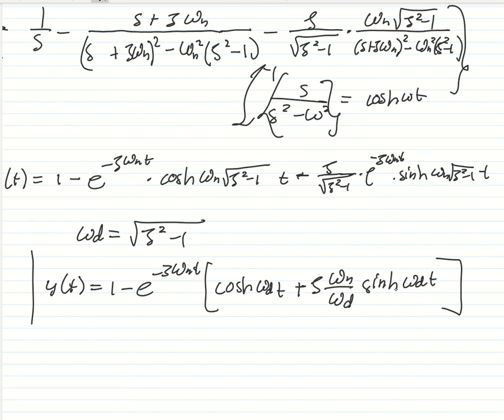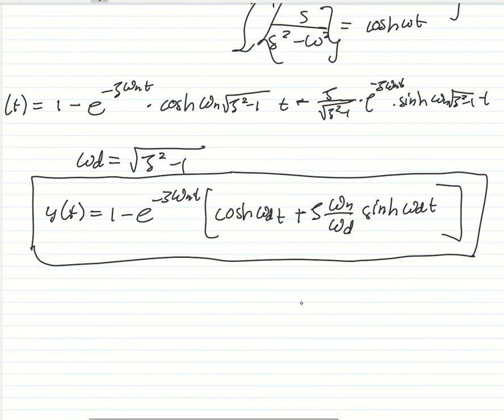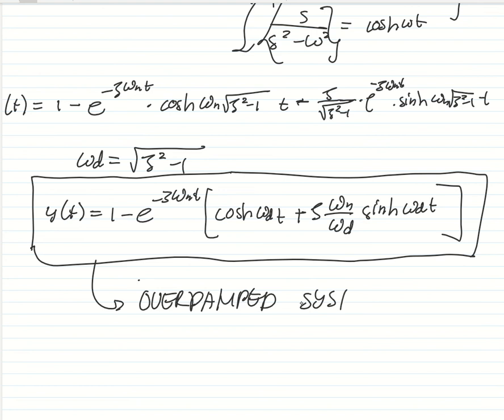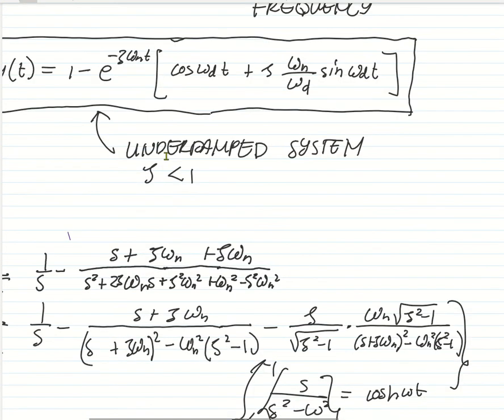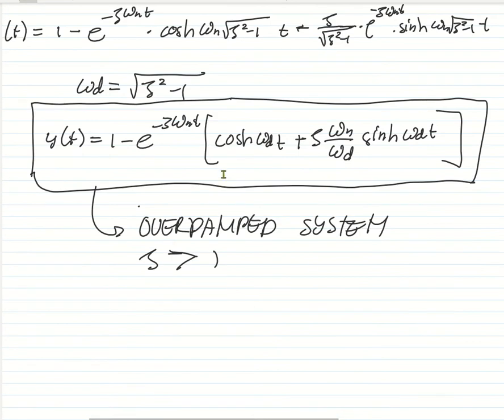So this is now the unit step response, but this is only true if the system is an overdamped system. What is an overdamped system? When zeta is greater than 1. So we have underdamped, less than 1, this is the response. And for overdamped, this is the response.